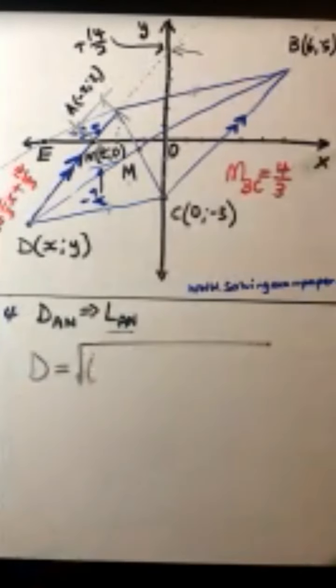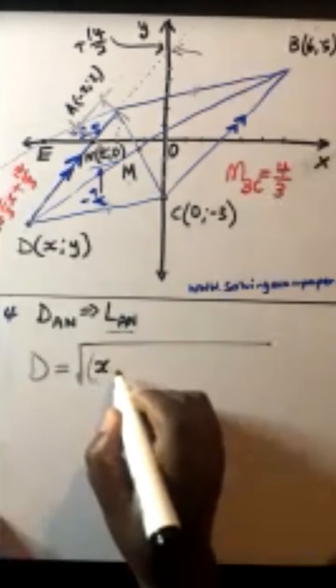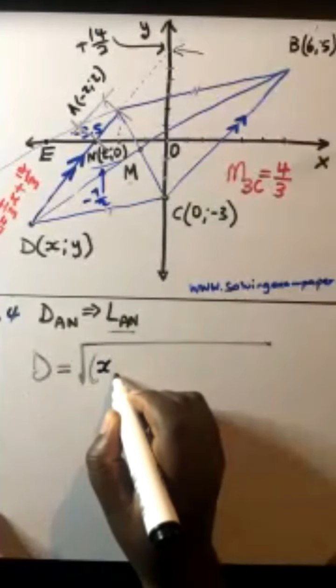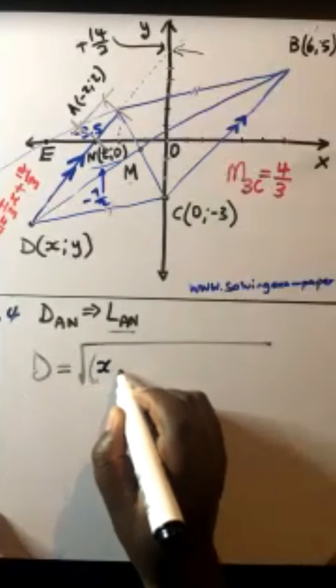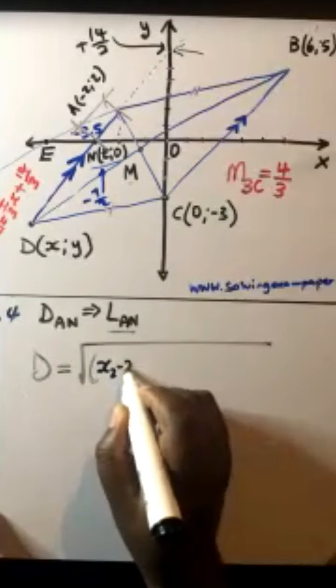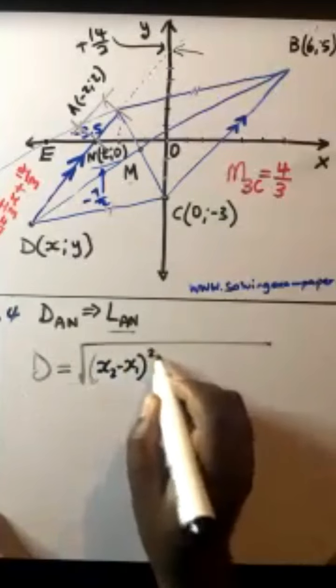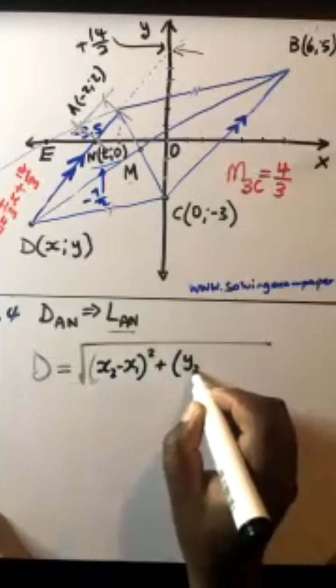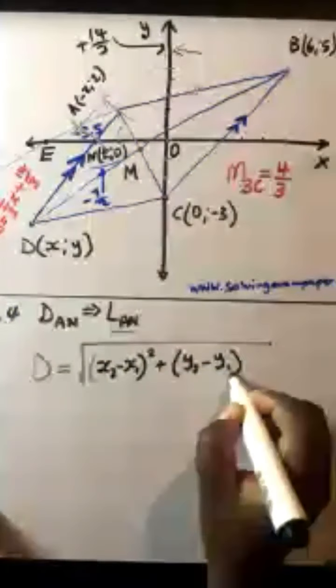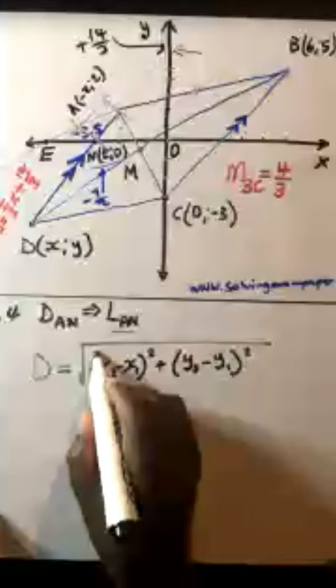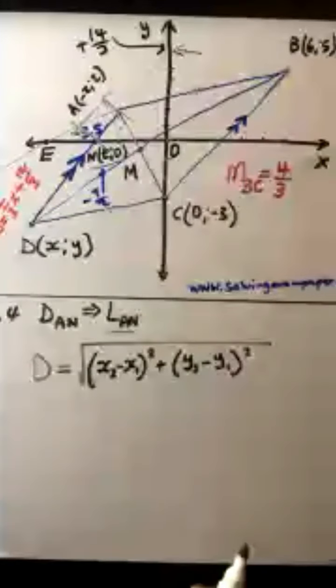What is it, guys? I need you to remind me of that formula. Is it x2 minus x1 squared plus y2 minus y1 squared, all under a square root? Is this how the formula looks, before I check it on the formula sheet?